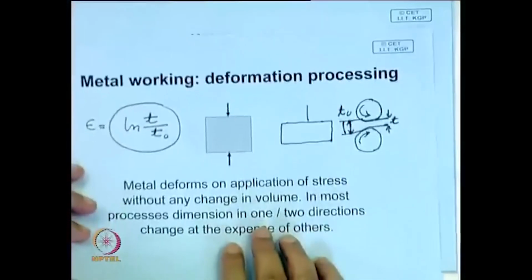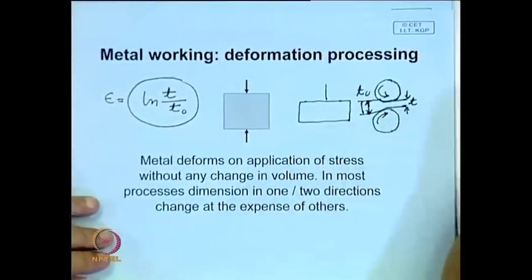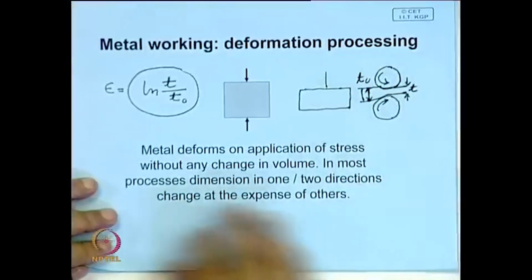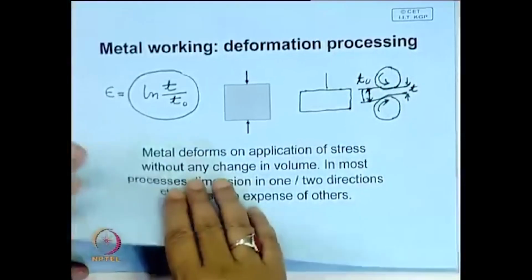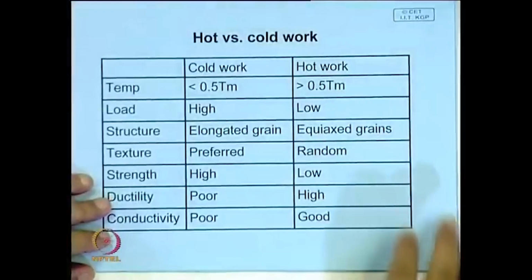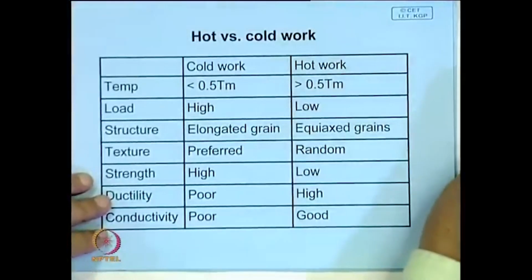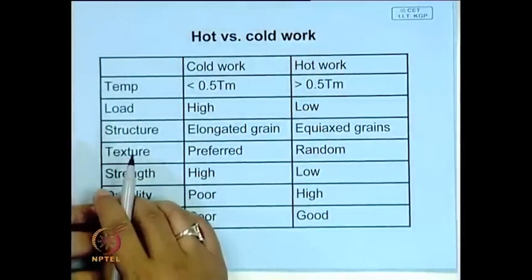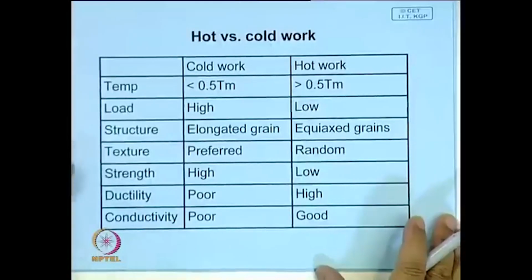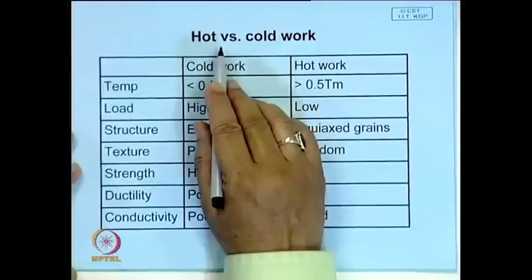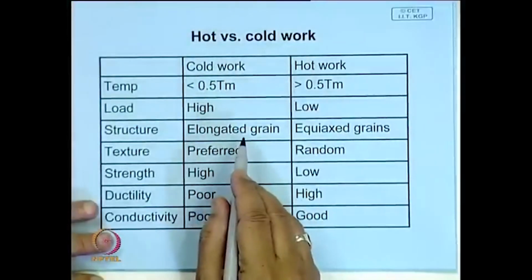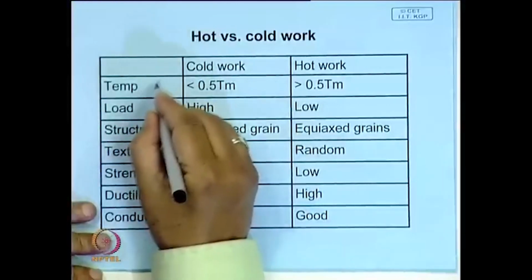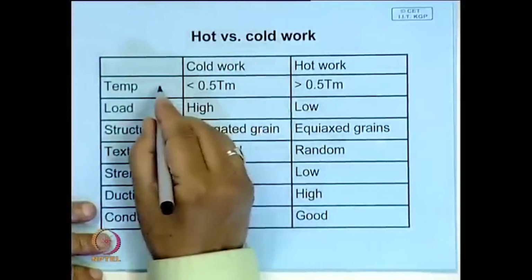Now, let us see that this type of processing can be done either at room temperature or low temperature, or at high temperature. If it is done at high temperature, we usually call it hot working, and if it is done at a low temperature, we call it cold working. We looked at some of the structures that develop as a result of both cold and hot working, and we have seen that the concept of temperature to decide whether it is hot or cold work is relative.